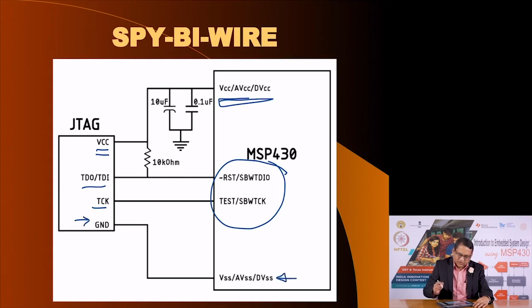And then using these 2 wires, you can program and emulate the program inside the microcontroller after you have downloaded it. So, this is one option, and this is typically used on the MSP430 LaunchPad, which is an official microcontroller platform.